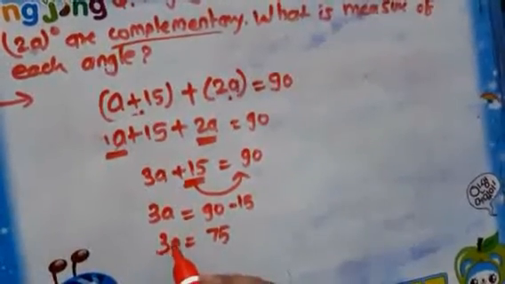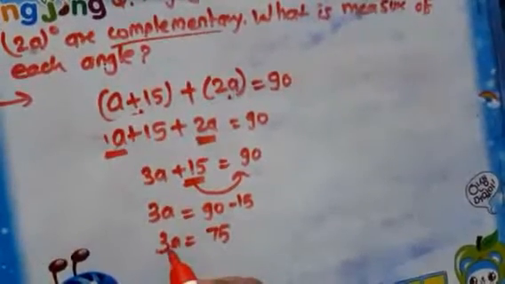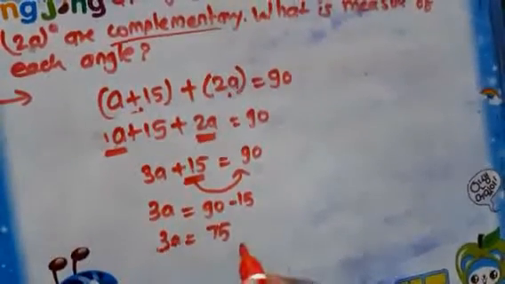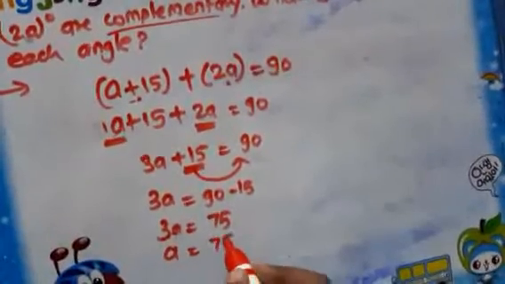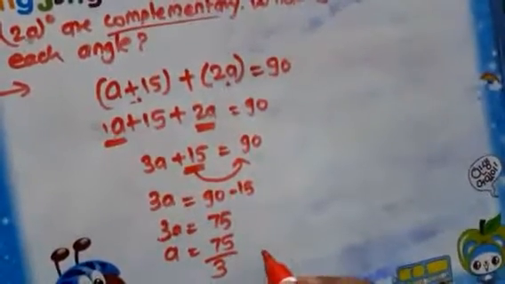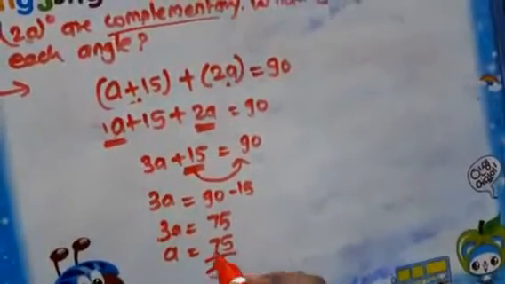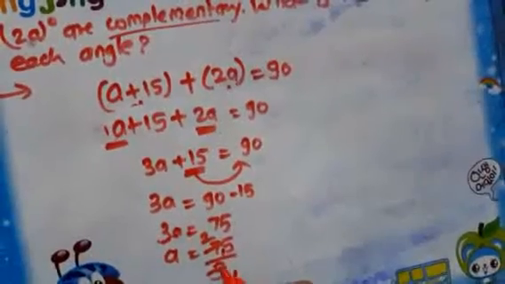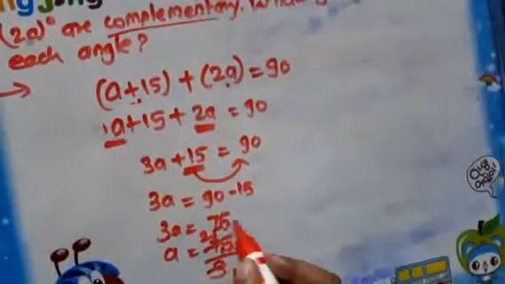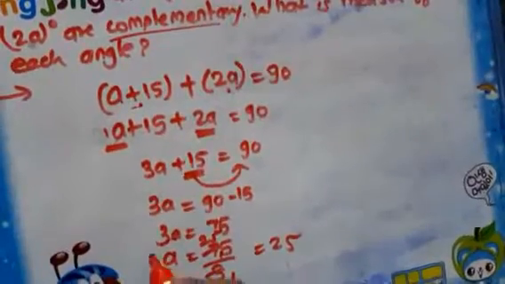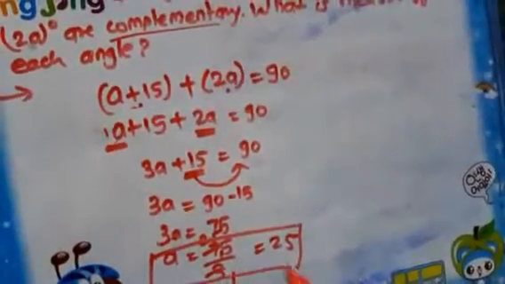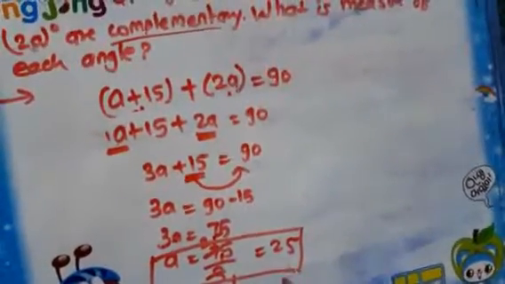The operation between 3 and a is multiplication. So if we send this 3 here, that multiplication will go into division. So a will be equal to 75 divided by 3. Then 3 1s are 3, 3 2s are 6, 1 will remain, 15. So 3 5s are 15. It will be 25. So what did we get? Value of a is 25.